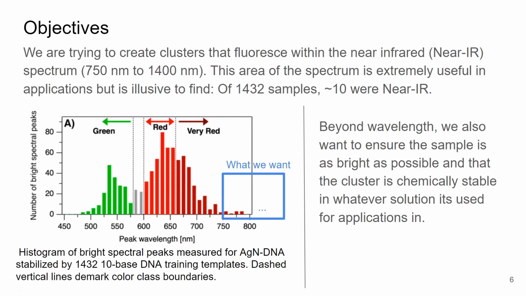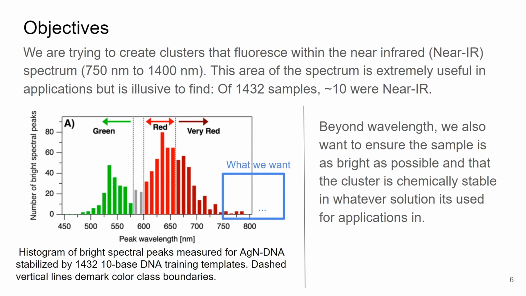And that's an environment, right? There's temperature conditions, there's pH conditions, stuff like that. So we want our clusters to also have chemical properties that make them stable in whatever environment they're going to be used in. Because if they just deteriorate outright the second you put them in the application environment, well, too bad, we're not going to be able to use them then, right? So that's another property that we want to design for, right?